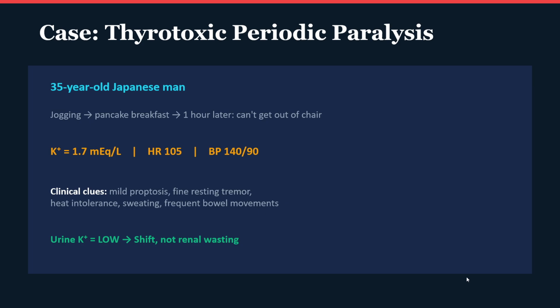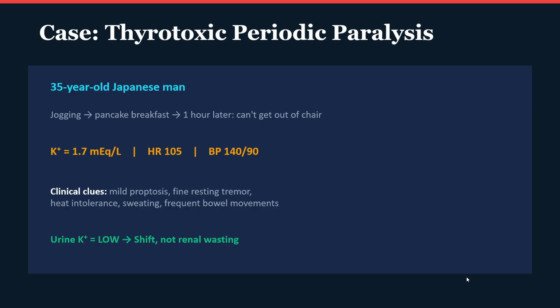1.7. That's profoundly low. Before you even look at the urine, there are clinical clues screaming at you. He has tachycardia at 105, mild proptosis, that's eye bulging, a fine resting tremor. He's been having heat intolerance, sweating, and frequent bowel movements. These are all signs of thyrotoxicosis.